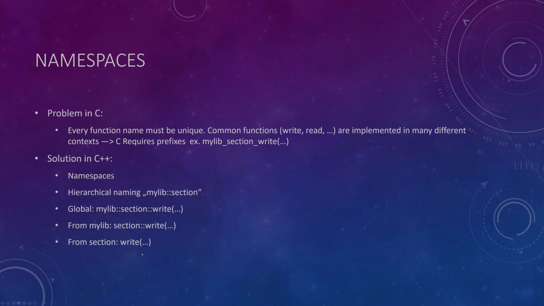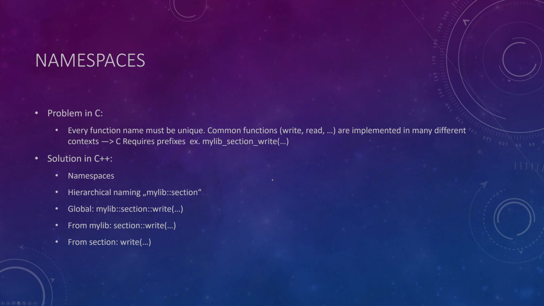The same with paths. If you are in a directory, you can just type the normal name of that file and it will open. If you're in a different directory, you need to type the full path to there, or the relative path. It's not working 100% like that, it's just working in one direction in C++, but the idea is that you can always navigate through namespaces. Same here, if you are inside of mylib, you need to call section::write, while the global way, mylib::section::write, of course always works.